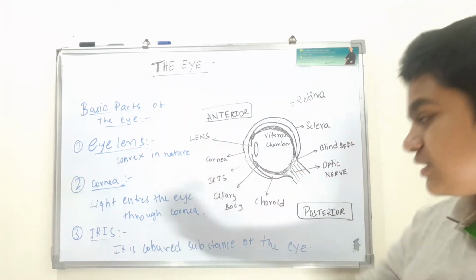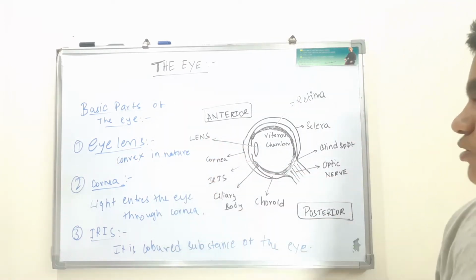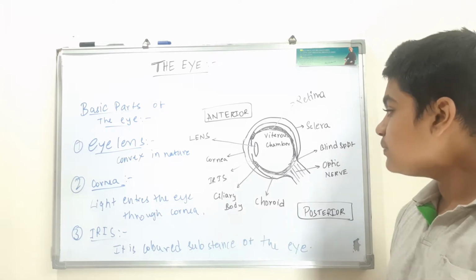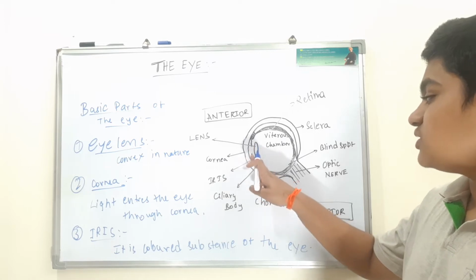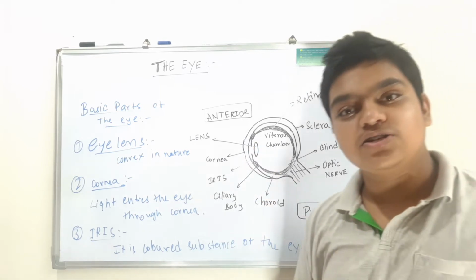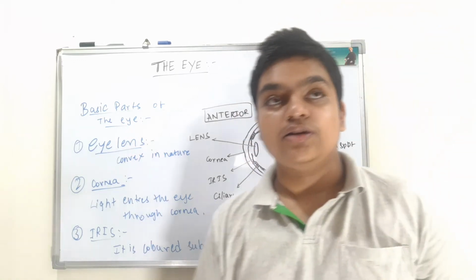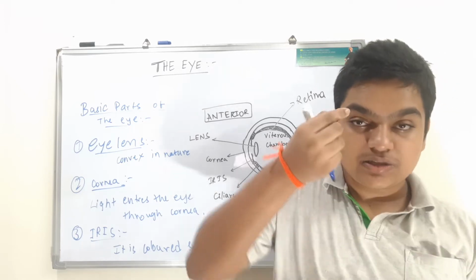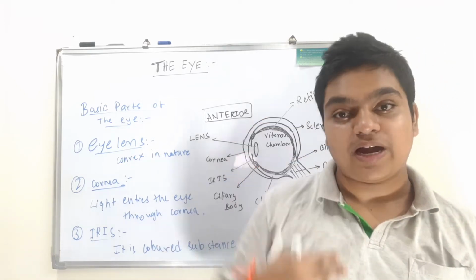These are your basic parts. Still we have to talk about the basic parts: ciliary muscles, pupil. So this is your pupil, this is your iris. The iris regulates the size of the pupil. What is the function of the pupil then? Through it the light passes into the next parts of the eye.